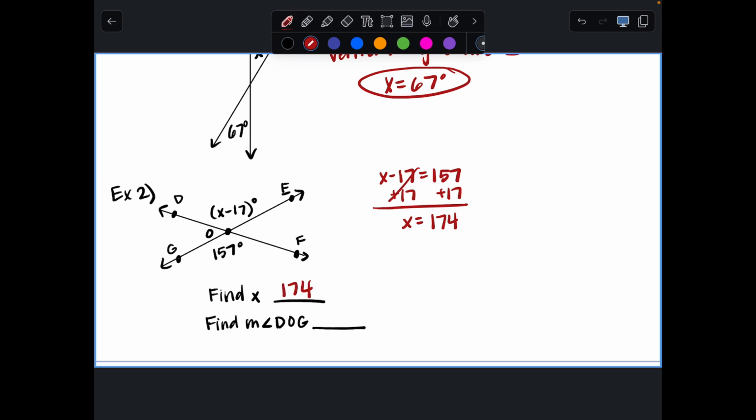Now that I know what x equals, to find the measure of DOG, that's this angle here, I can say that that angle and GOF are a linear pair.